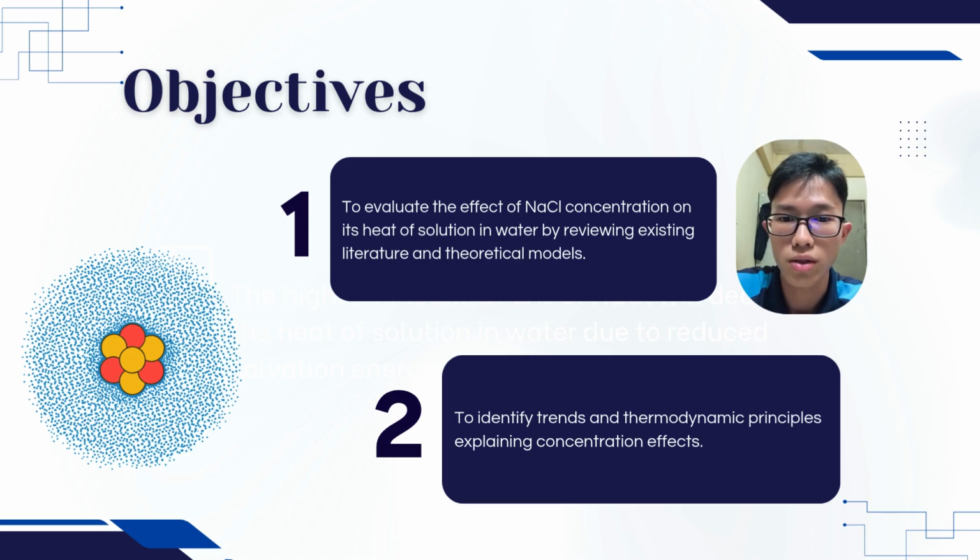Now I would like to introduce the objectives of this report. The first objective is to evaluate the effect of sodium chloride concentration on its heat of solution in water by reviewing existing literature and theoretical models. The second objective is to identify the trends and thermodynamic principles that explain the concentration effect.